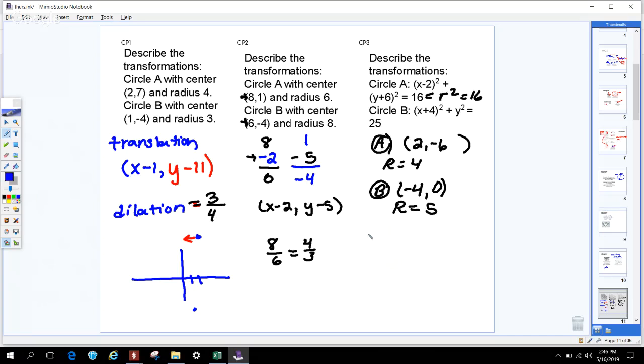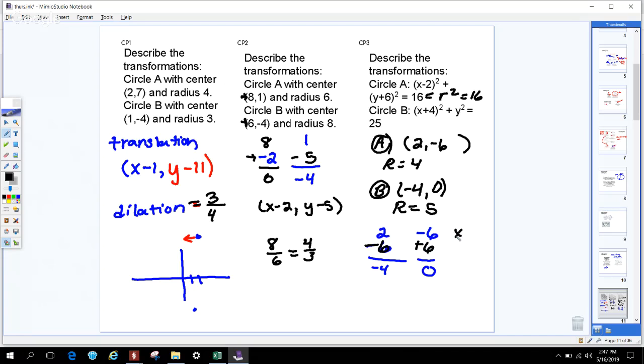Who's got the translation? How did I go? If I was at +2, how did I get to -4? I subtracted how much? If I subtracted 2, that would put me at 0. So I was at +2 to -4. 6. I subtracted 6. Then it was at -6, and I landed at 0. What did I do to get from -6 to 0? I added how much? I added 6.